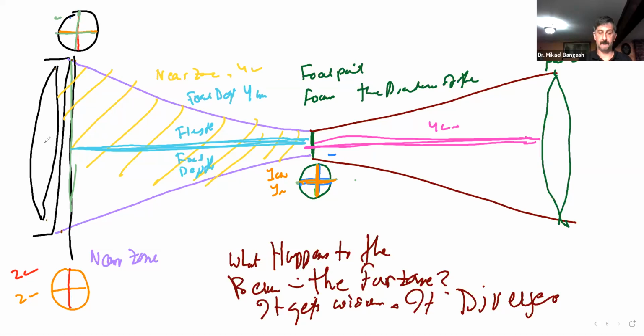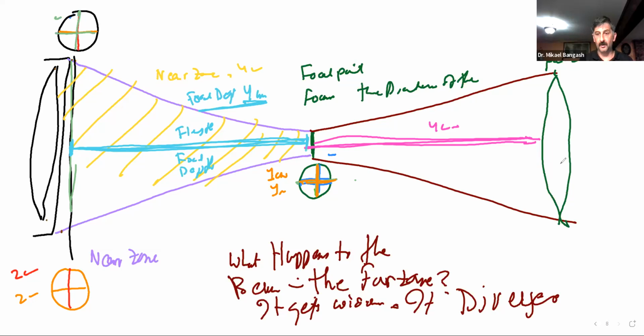Did that make sense? And in this case we said that our focal depth was 4 centimeters, meaning the distance between the source and the focal point was 4 centimeters.